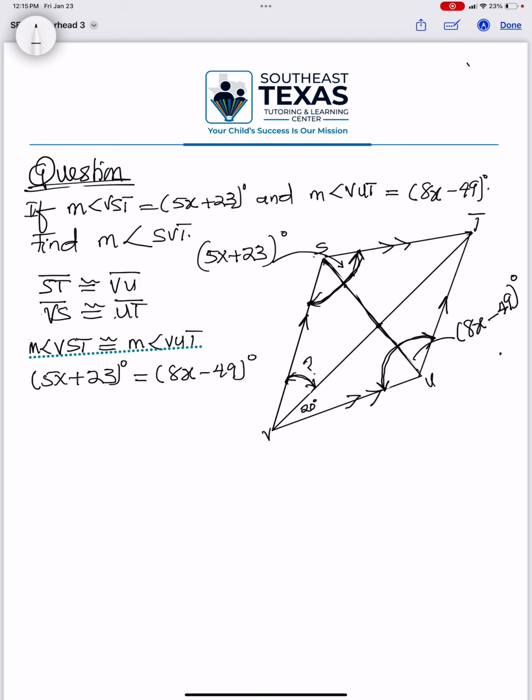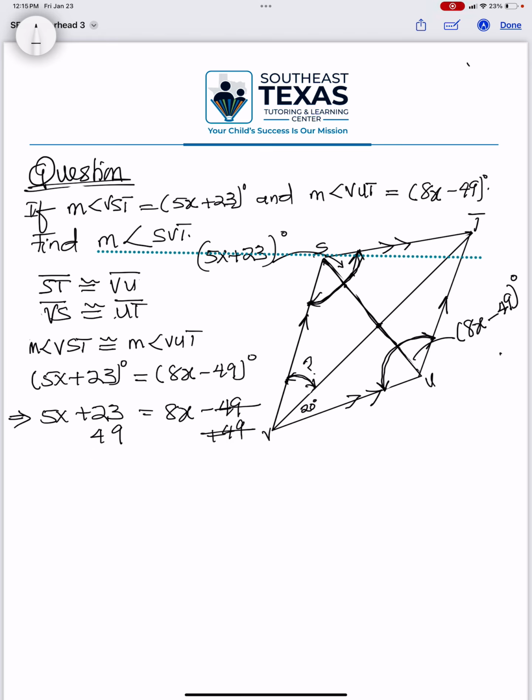Now, since they are equal, we have 5x plus 23 is equal to 8x minus 49. We group items. So I'll add 49 on both sides of the equation. This will cancel.